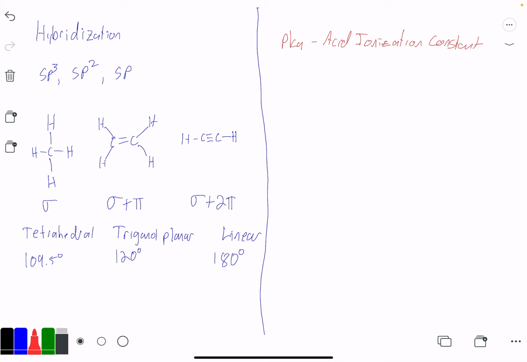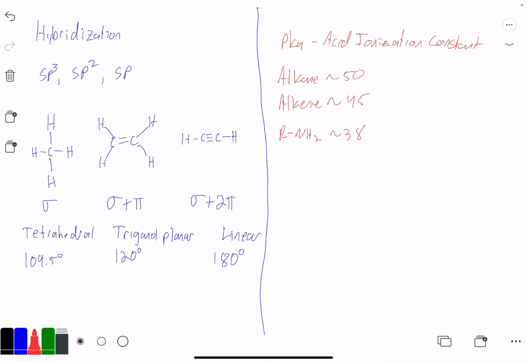So for an alkane, the pKa would be approximately 50. For an alkene, it's approximately 45. All right. If you have an amine group, say RNH2, that pKa is approximately 38, right?